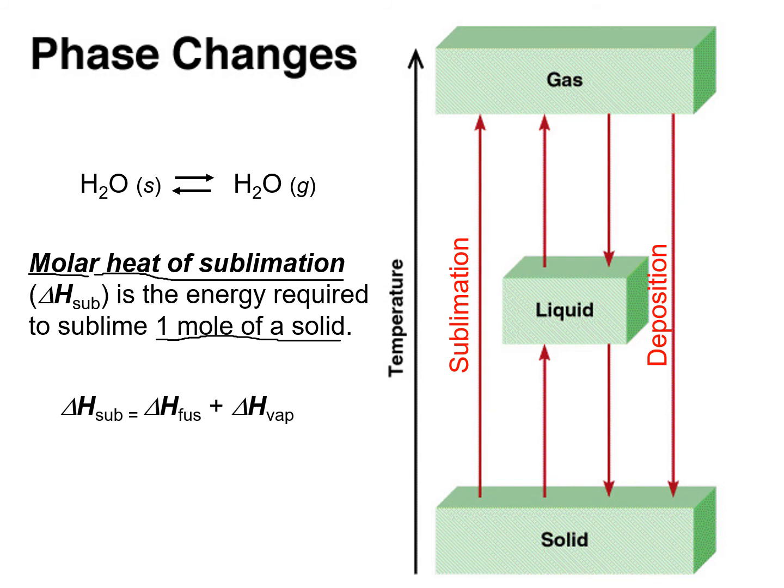And this is something we can actually use Hess's law to calculate. The delta H of sublimation would be the sum of the delta H of fusion plus the delta H of vaporization. Okay, an application of Hess's law.